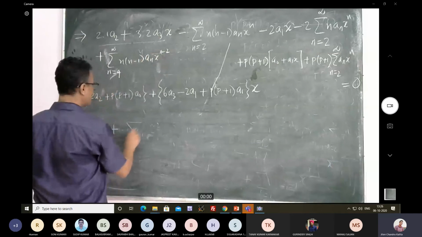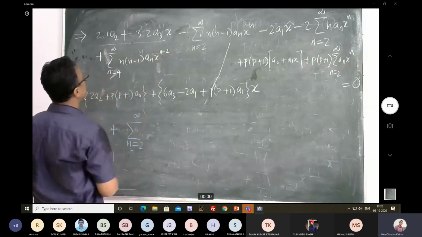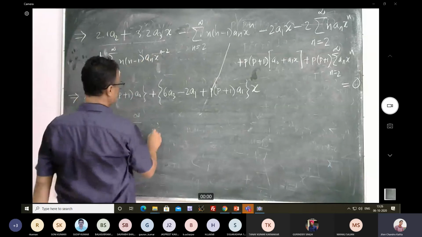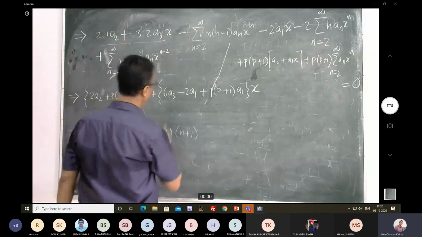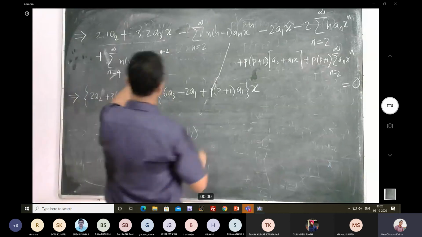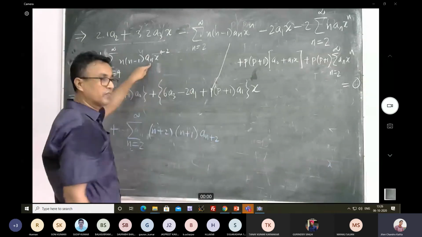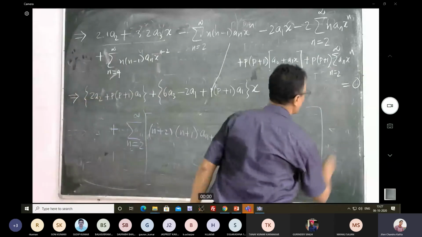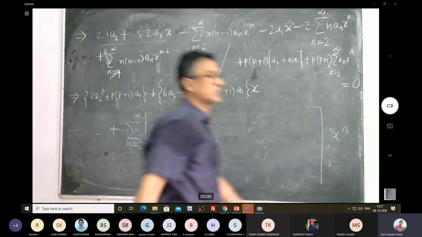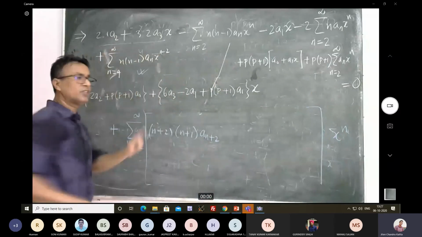So basically here n is going to start from 2 to infinity, and then for n it is going to be n plus 2, n plus 1, and then a n plus 2. Is it okay? Now see what I'm going to do. I am going to loop in x to the power n here, and you will see that it is going to work. So this term is done. Is it okay with everybody?